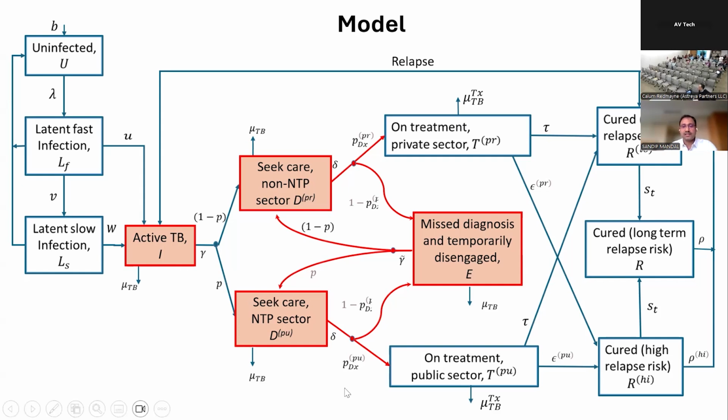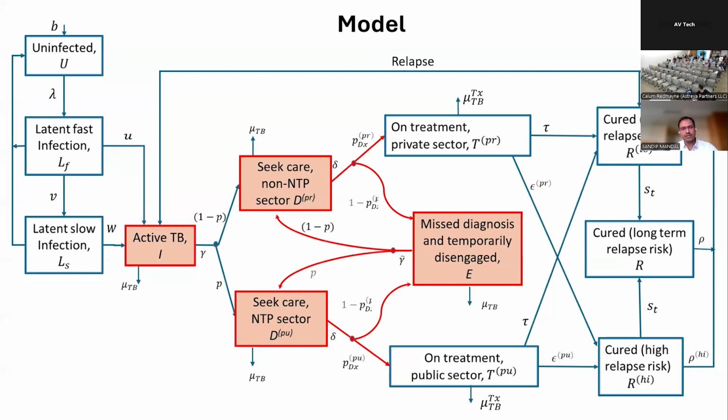Once on treatment, depending on outcome, they could be cured, default, or relapse with a defined probability of relapse. For simplicity, we have not shown reinfection and self-cure in this diagram to keep it clear.